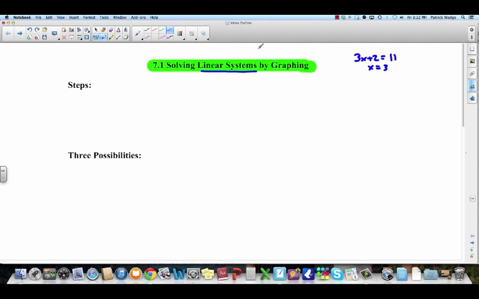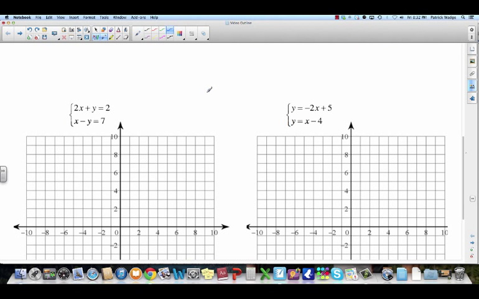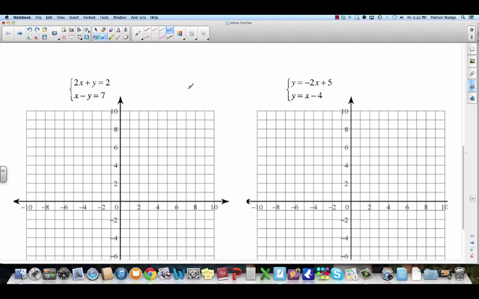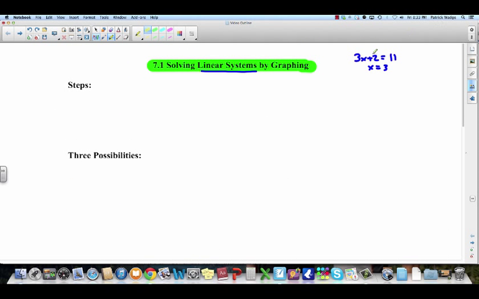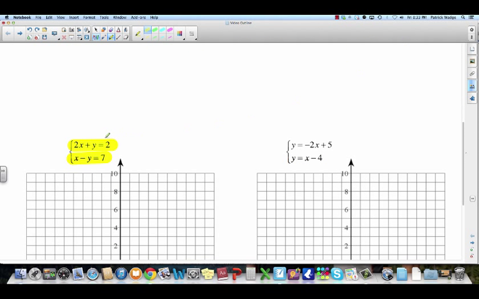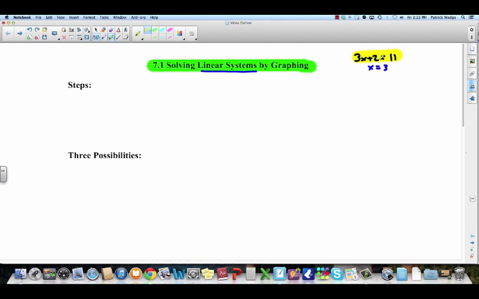Now you're going to have a system. A system is when you have more than one equation. For example, here you have a system of equations: 2x plus y equals 2 and x minus y equals 7. Compare those to the one we solved up here. One difference is there are 2 equations here, only 1 equation there.